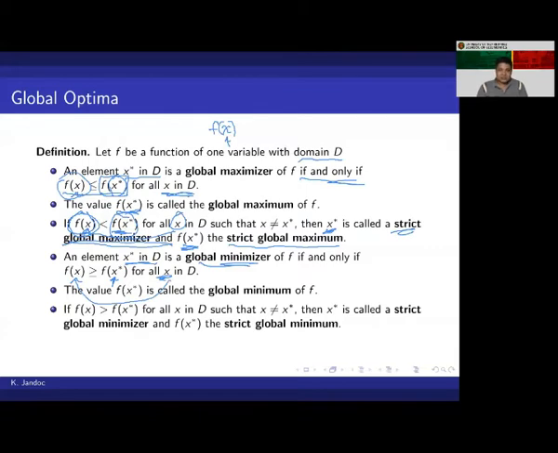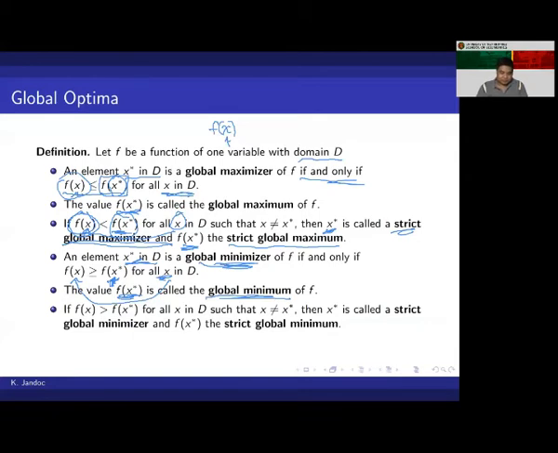That will yield a value that's not lower than when you plug in x star in f. When that happens, we call x star a global minimizer. And this value f of x star, once you plug in the global minimizer x star, is called the global minimum. So the global minimum is a value. The global minimizer is an element x star in the domain.